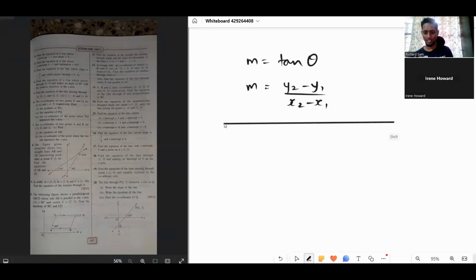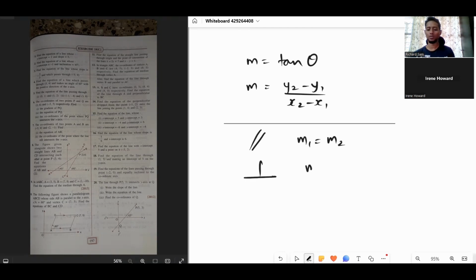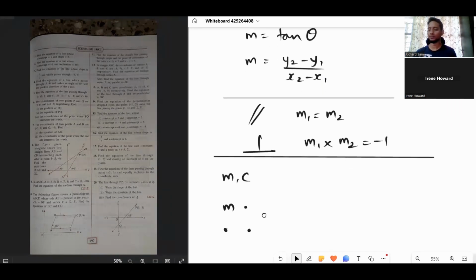Then we saw the relationship between two lines. Parallel lines means the slopes will be equal. Perpendicular lines means m1 into m2 is equal to minus 1. Then we saw how to make the equation of a line. One formula is using m and c, one is using a point and the slope, and the last formula is using two points.